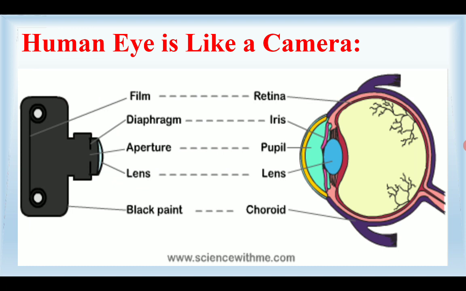So there are so many similarities between the human eye and the camera, and this is a very interesting fact that the natural camera is fitted by God in us so that we are able to see the beautiful things around us. But there are limitations with the camera. There is a roll problem, there are so many other problems. But if we take care of our eye, the eye is the natural camera and can be used to see the things around us.